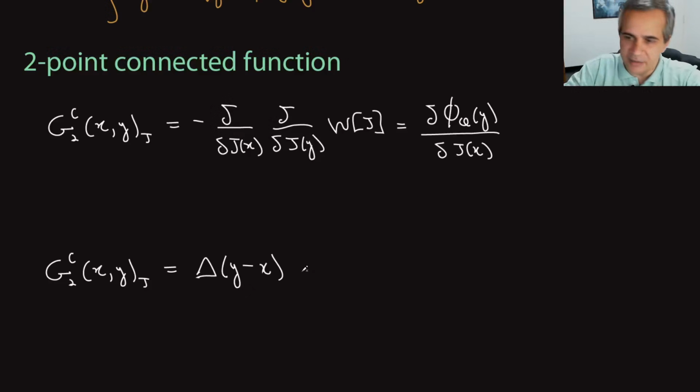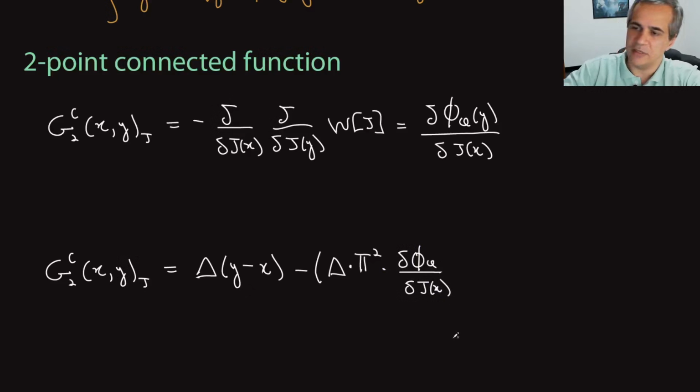And then there is the term that involves pi 2, which was delta times pi 2 times the classical source, which now I have to write as a derivative in J. And that's all a function of Y.